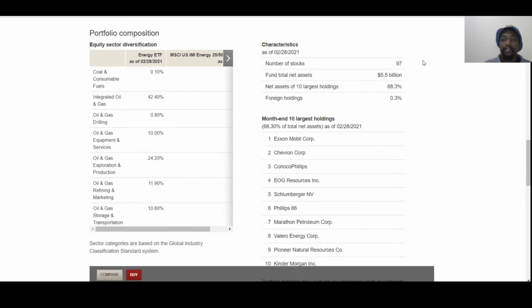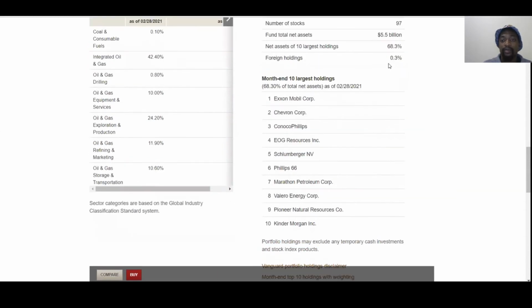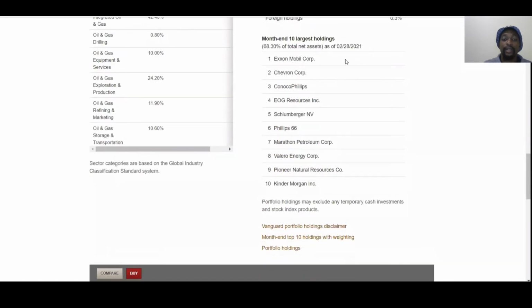And then this ETF has about 97 stocks and has a net asset value of 55 billion. And the top 10 holdings make up about 68% of this ETF, and then there's about 0.3% of foreign holding. And then as you see here, the largest holdings are ExxonMobil, Chevron Corporation.